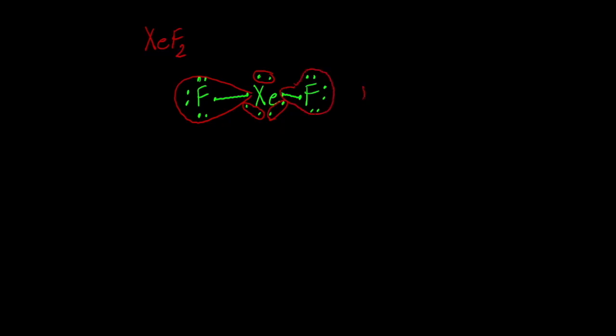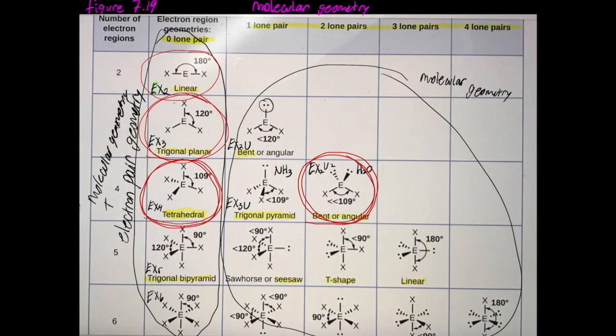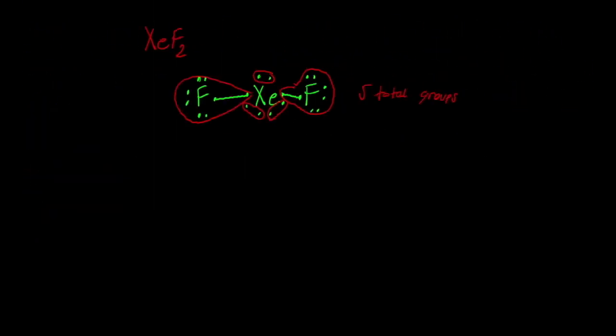Okay, so there's 5 total groups. 5 total groups means, let's go back and look at the table if you're confused about the names of the basic groups. 5 total groups is called trigonal bipyramid. Okay, so trigonal bipyramid is when your central atom is bonded to 5 total electron groups. So that's an electron geometry of trigonal bipyramid.